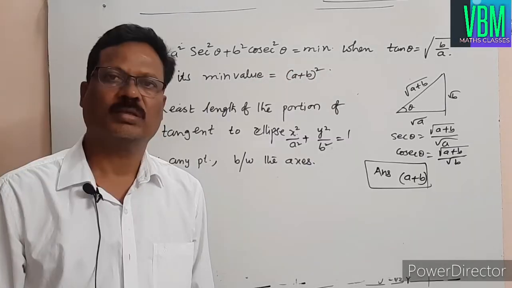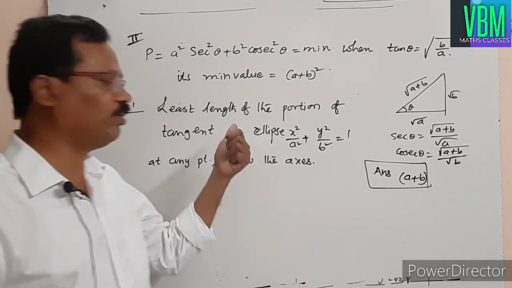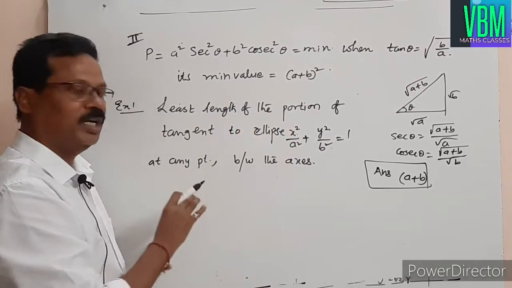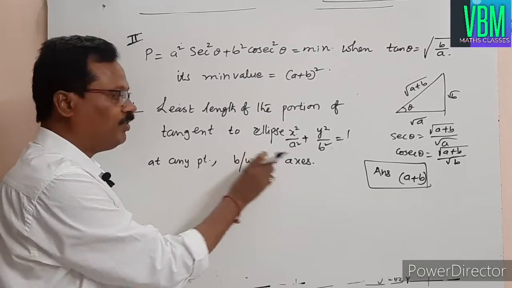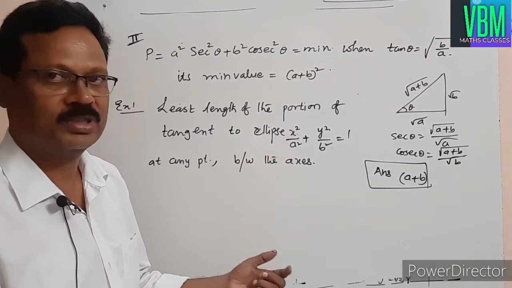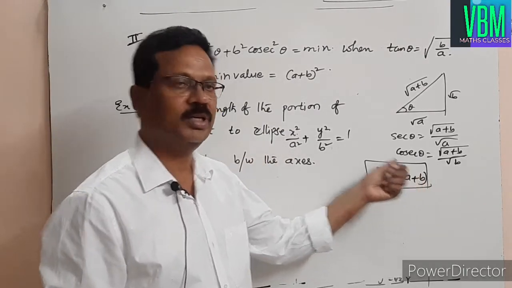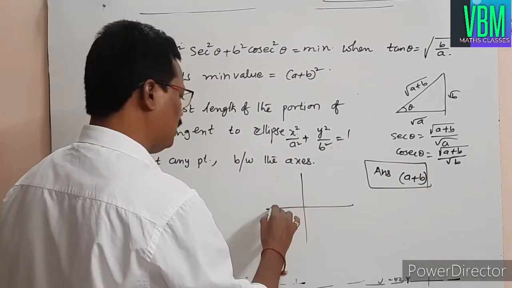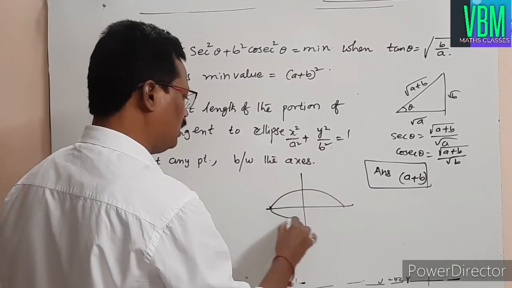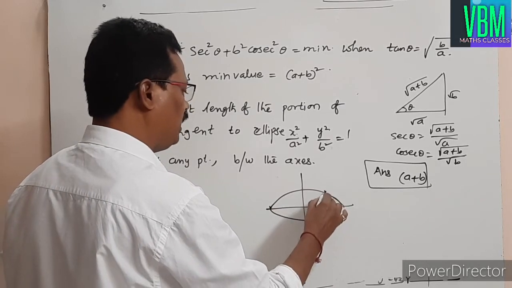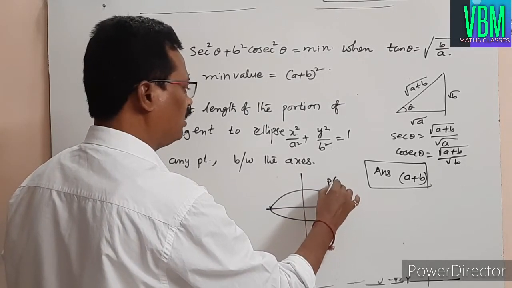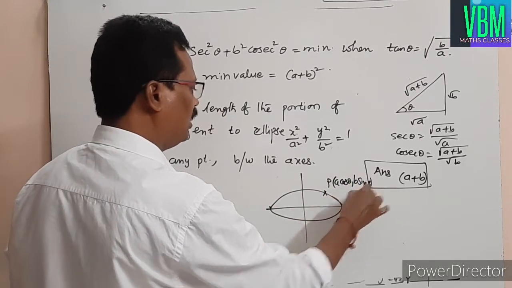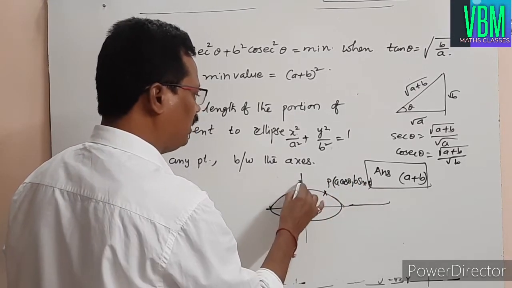Now see the example on this. The least length of the portion of the tangent to this ellipse at any point, drawn between the axes, is how much? That length will be a plus b according to this formula. Now, this is the ellipse, and at any point P, theta, a cos theta comma b sin theta, draw the tangent to it.